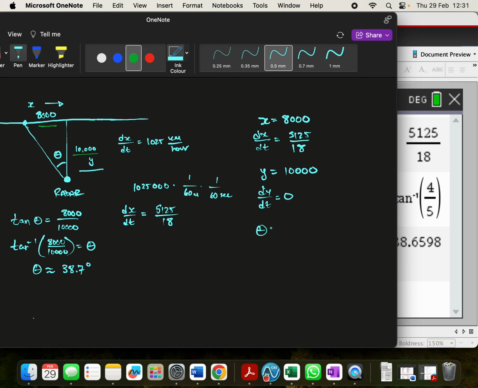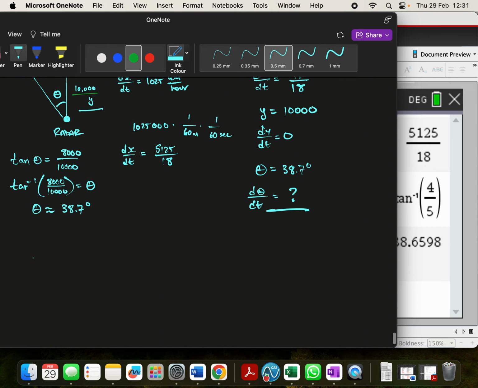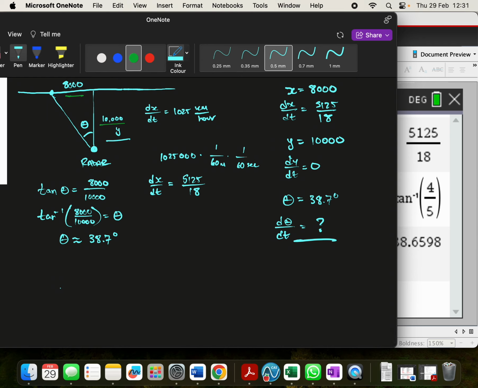We know that theta is going to be about 38.7 degrees, and the thing that we're after is d theta dt, which is our big question mark. So we're going to go back to the tangent ratio: tangent of theta is equal to 10,000 over x.